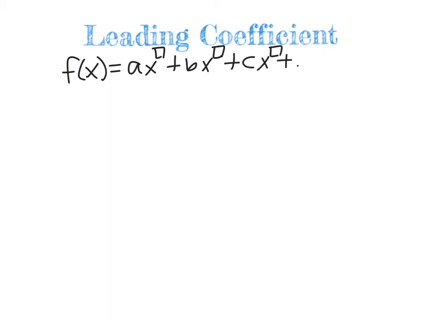Let's just assume for a second that this is the highest exponent we're dealing with, and that it's in order from largest exponents to decreasing exponents. Let's say that this right here is the leading degree, or the highest degree of the polynomial. Then this a value, this coefficient, becomes the leading coefficient of the entire function.